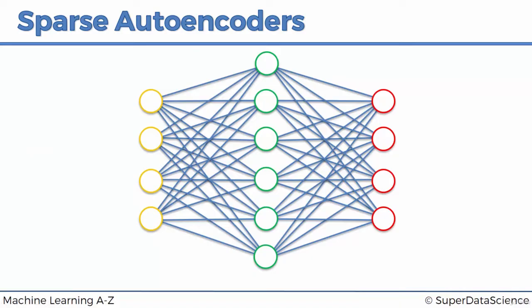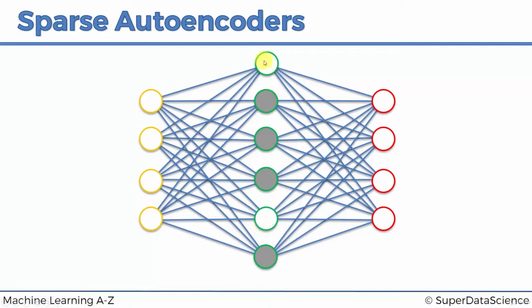Basically, it introduces a constraint, or a penalty, on the loss function, which doesn't allow the autoencoder to use all of its hidden layer at any time. So at any time, the autoencoder can only use a certain number of nodes from its hidden layer.